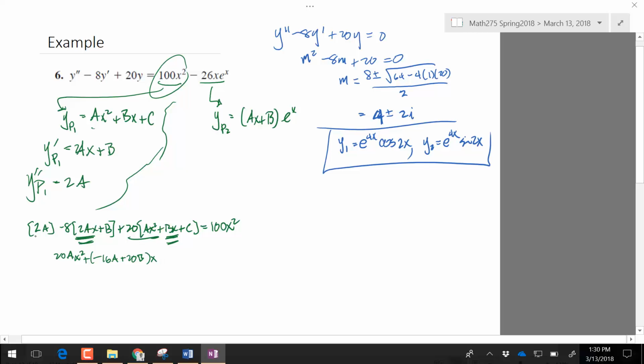And then now the constant terms. We have a 2a minus 8b plus 20c.